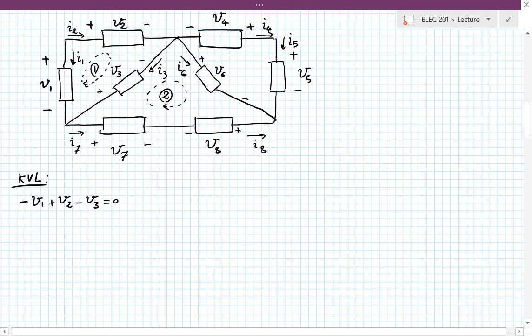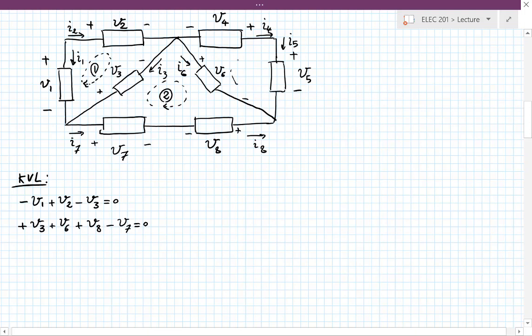I encounter V3 hitting its positive side first, then the positive side of V6, then the positive side of V8, and then the negative side of V7. So I'm going to write things accordingly. So plus V3, plus V6, plus V8, minus V7. By the way, if you guys see I make a mistake, please let me know.